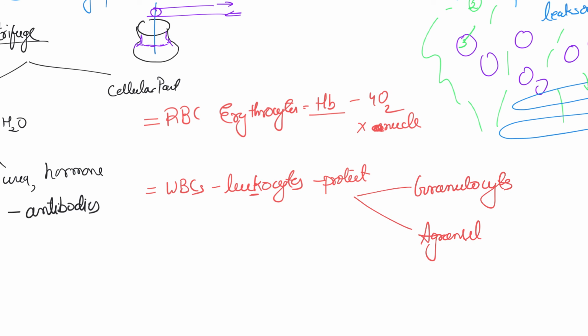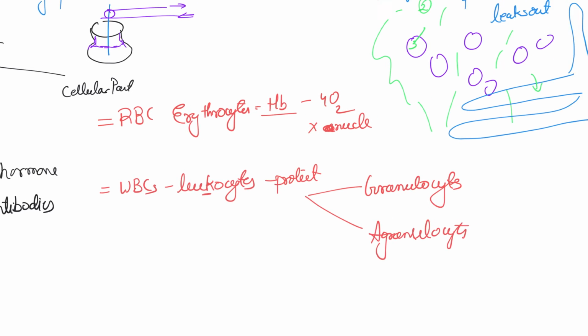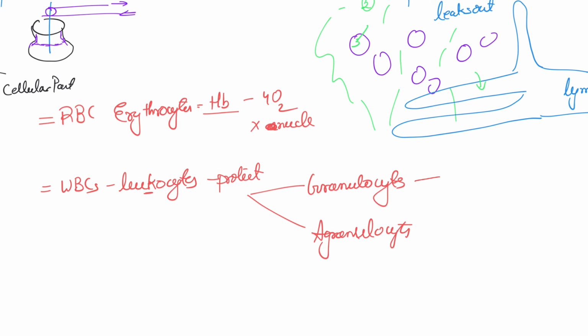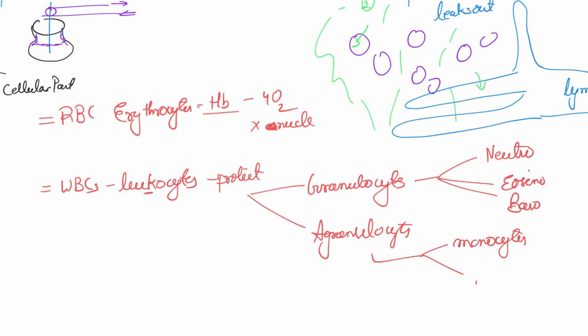Granulocytes appeared granular. Their cytoplasm is filled with granules, and they could further be divided into neutrophil, eosinophil, and basophil. And don't worry, we'll talk about each of them. Agranulocytes could again be divided into monocytes and lymphocytes.